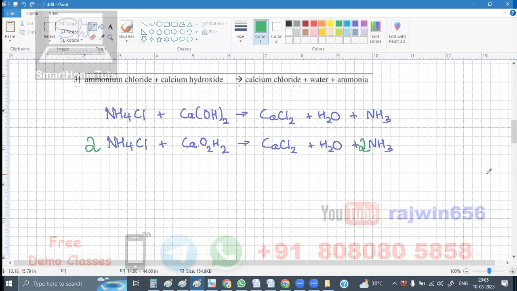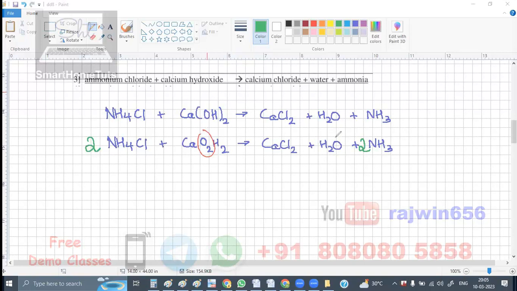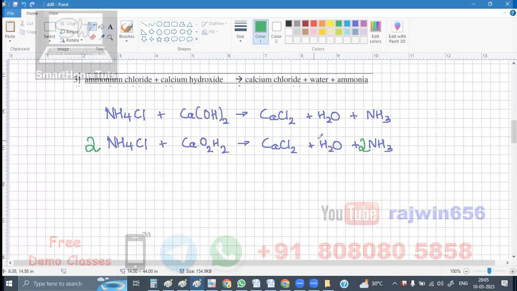Another element that is different over here is oxygen is 2 over here. Here there is only 1 atom. So in order to make this, I'm just going to double that part. I'm going to multiply this by 2.